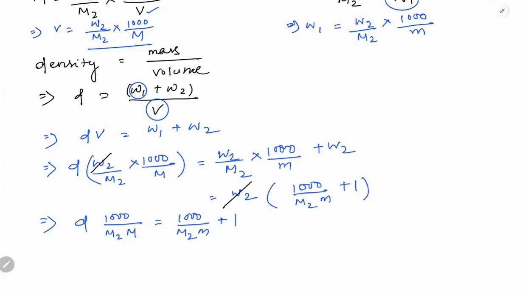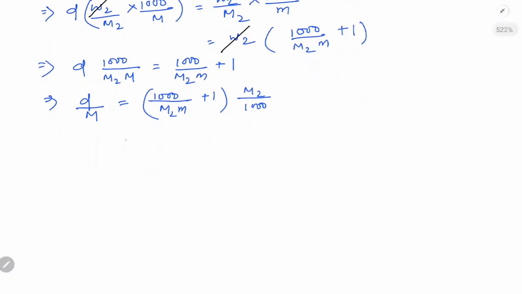Now we will separate it. d by M is equal to 1000 by M2 m plus 1, into M2 by 1000. Let's multiply. First of all, it will give 1 by m plus M2 by 1000.